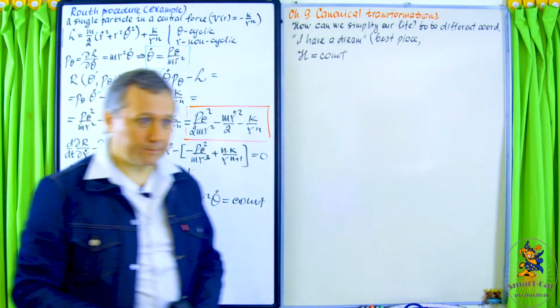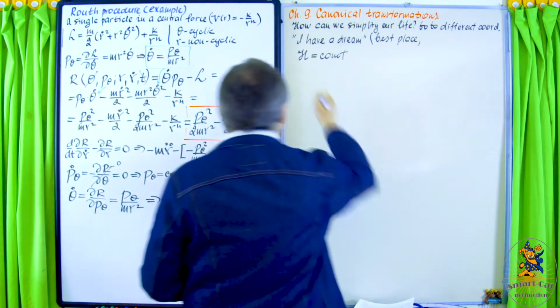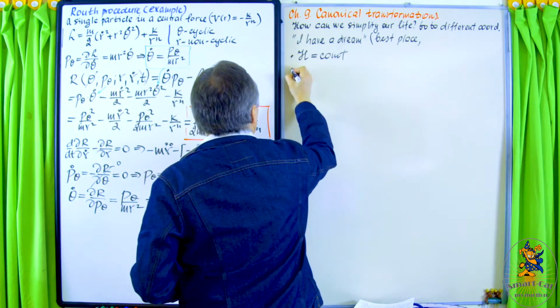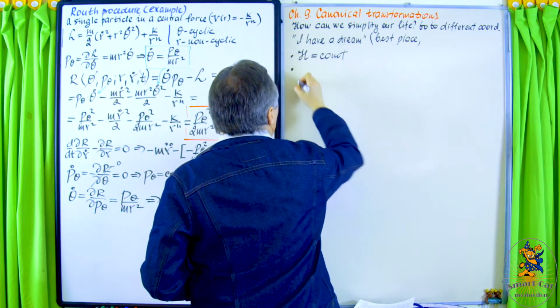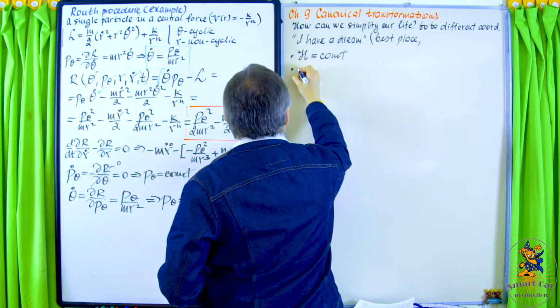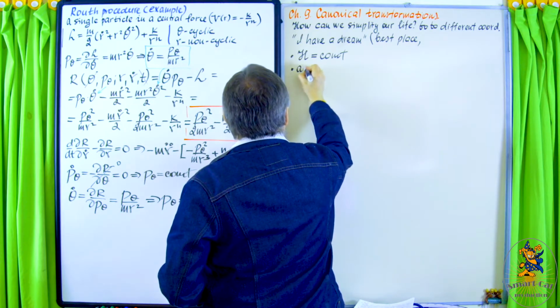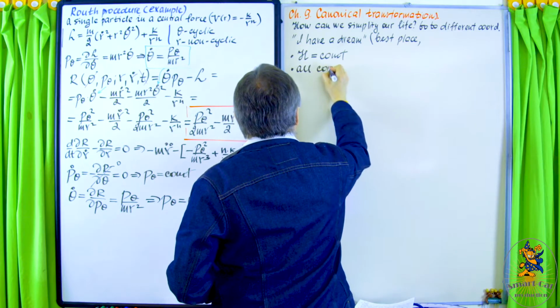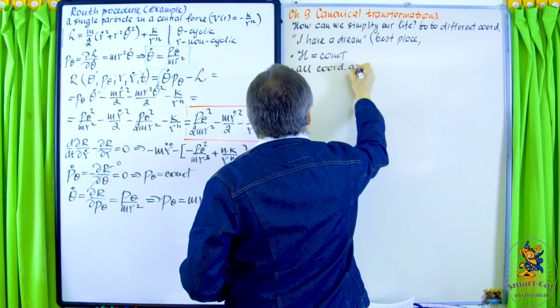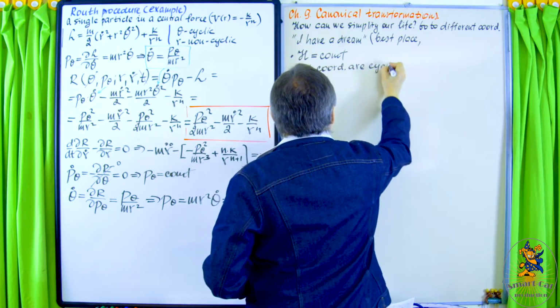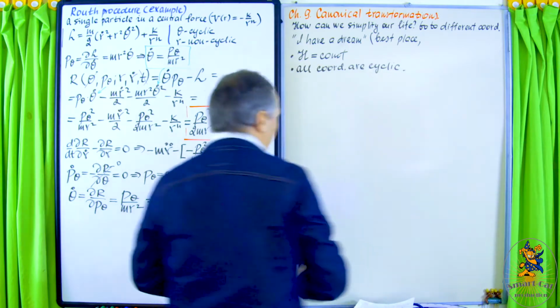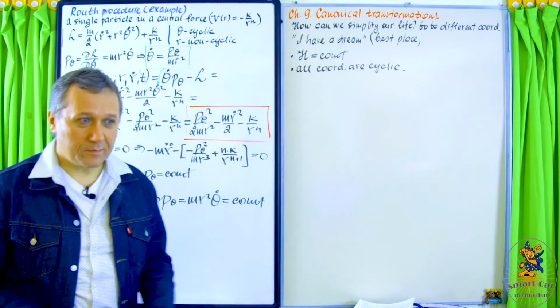Constant of motion, right? And then, okay, so it's a first and the second. What if, in the best place, all coordinates are cyclic?